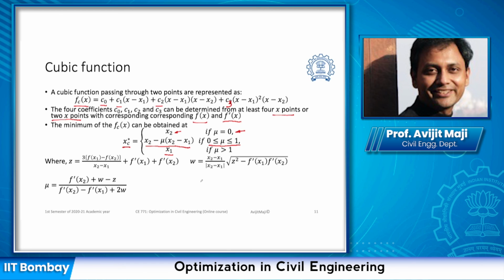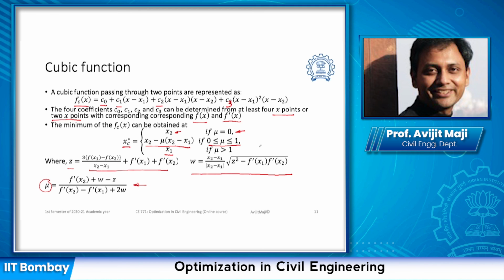So to calculate this mu value, we need to calculate first the z value, and this can be obtained by using this particular formula. Then we need to estimate the w value, which can be estimated by this particular formula, and once we use those in the mu equation which is here, we can obtain the mu value, test it, and see whether it is equal to 0 or between 0 and 1 or greater than 1.